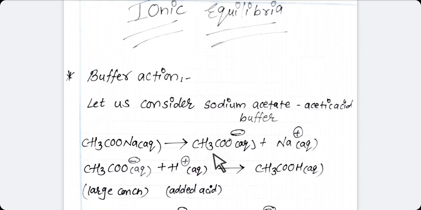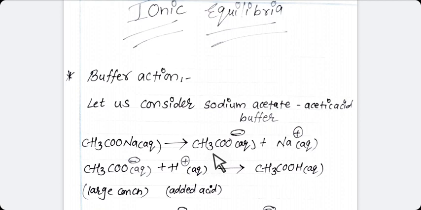If strong acid is added to the solution, the added H plus ion will be consumed by the conjugate base acetate present in the large concentration. Similarly, if a small amount of base is added, OH minus ion will be neutralized by the large concentration of acetic acid.